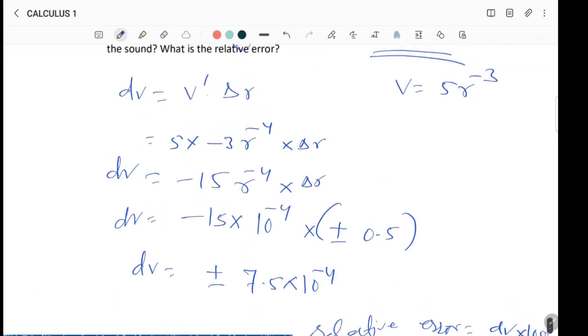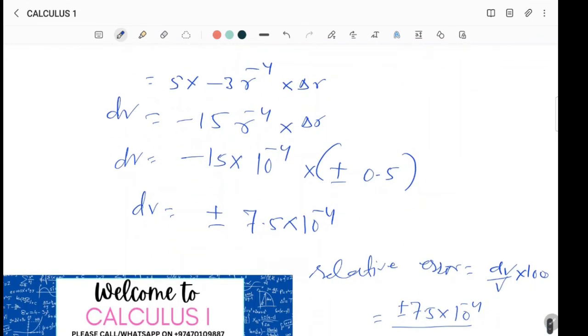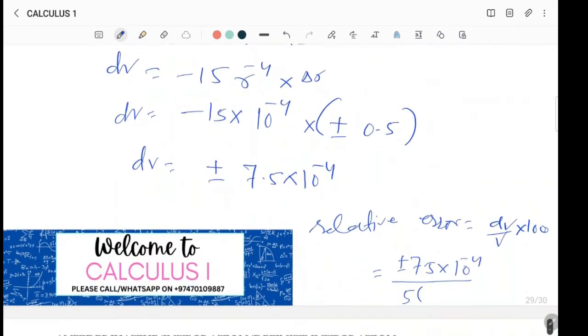Okay, we need to find v as well. So we have v is 5 r to the power minus 3, r is 10 to the power minus 3 times 100. What is that?